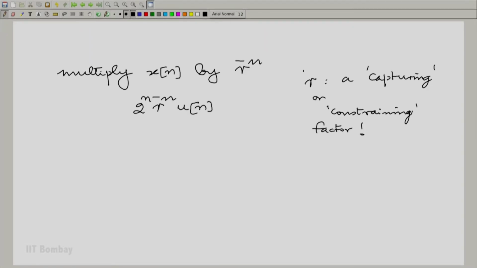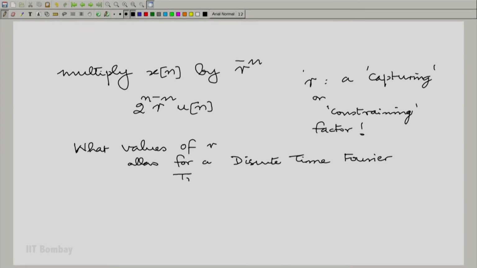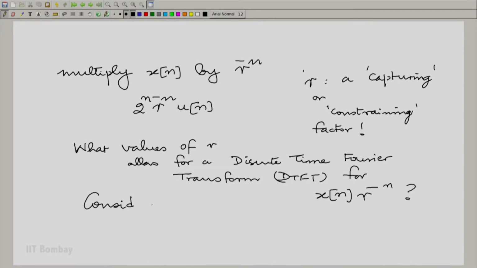Now, under what conditions on r would we have a discrete time Fourier transform for this sequence? So, let us ask this question. Now, without any loss of generality, consider r to be a non-negative real, in fact a positive real constant. Now, for it to have a discrete time Fourier transform, what are we asking for?